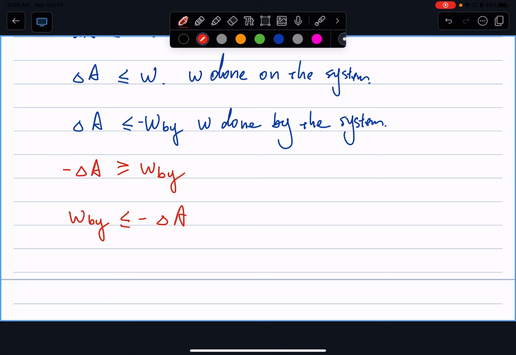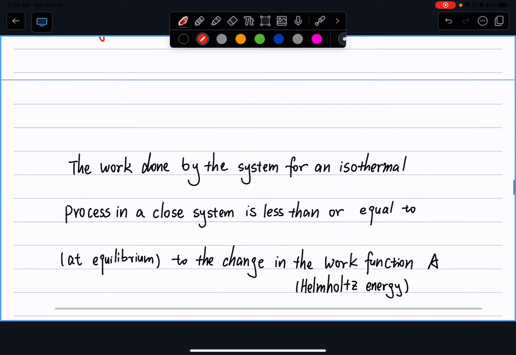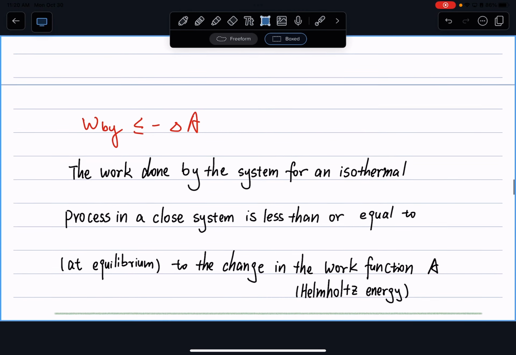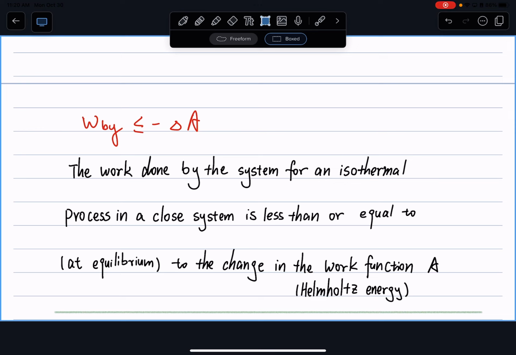So what does that mean? What does that tell us? When you think about this process, what we're talking about is that the work done by the system on the surrounding for an isothermal process in a closed system is always less than or equal to the change of its work function. That is why your A is called a work function.